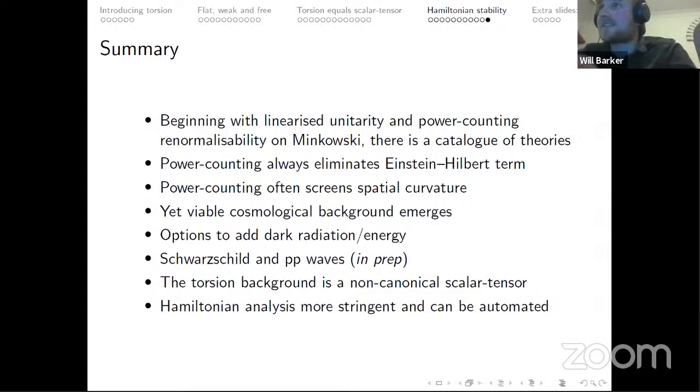And it turns out yes, despite the fact that those theories don't have Einstein-Hilbert terms and they seem to ignore the actual spatial curvature, the cosmological backgrounds of those theories is really quite intriguing. So it's exactly what you would want from lambda CDM. You have the option to tune the early expansion history, and you also have the option to change dark energy content.